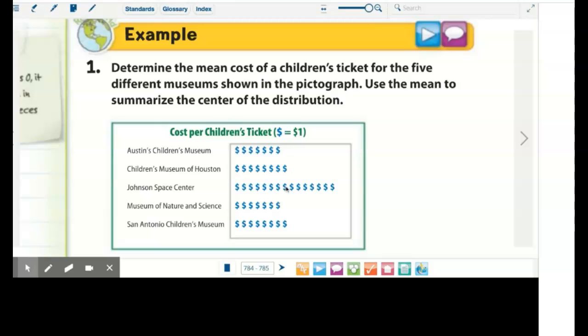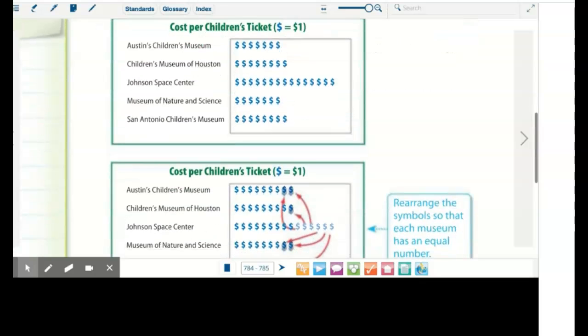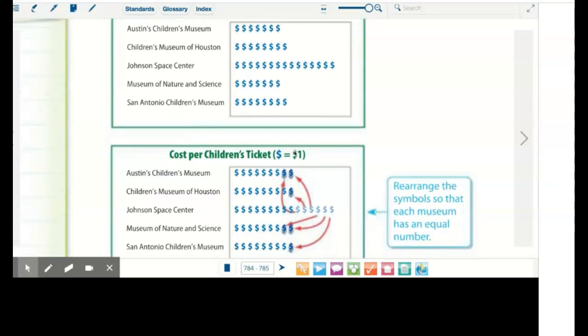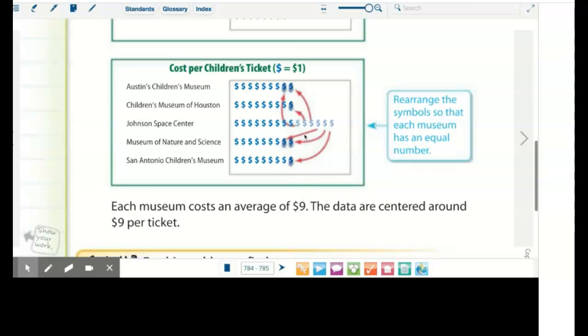Now, this one is quite a bit longer. So if this is 8, 9, 10, 11, 12, 13, 14, 15. So 7 plus 8 is 15, and 7 plus 8 is 15, and this is 15. So that means the total amount of dollars, if you were to take one child to all those museums, you'd spend $45 on that child. Now, to find the mean, one thing you can do is you can kind of steal from the one that's got a bunch of extra dollars, and you can kind of move them around, and so everything is evened up.